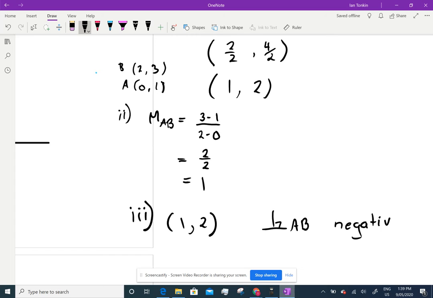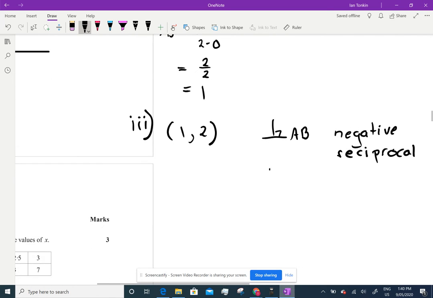Change the sign, reciprocal. So m perpendicular to AB is 1 upside down, just 1, change the sign, negative 1.